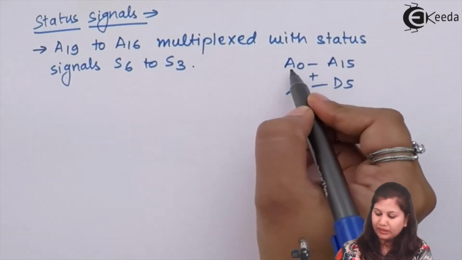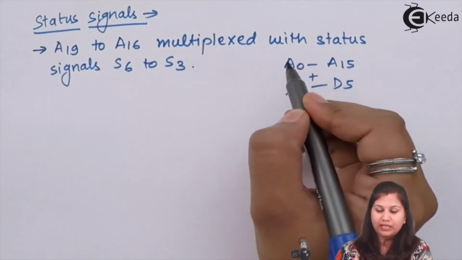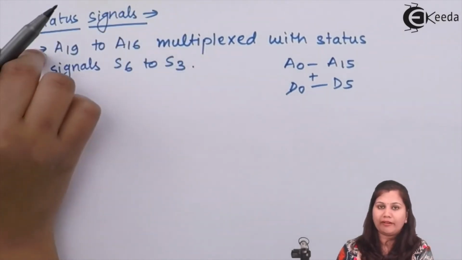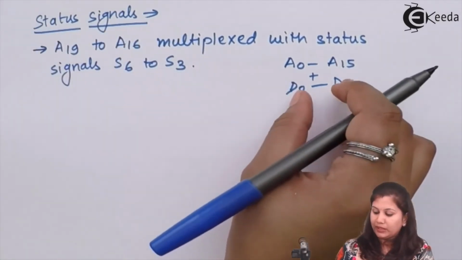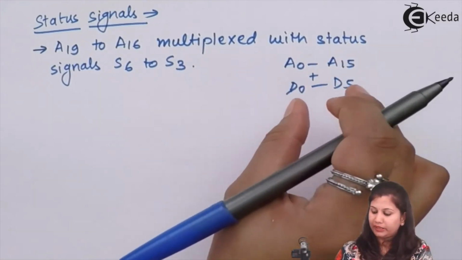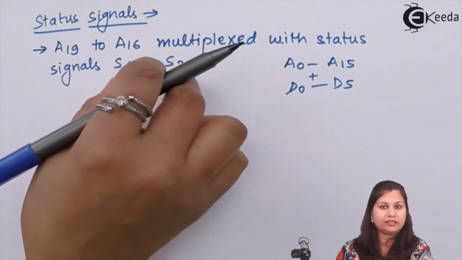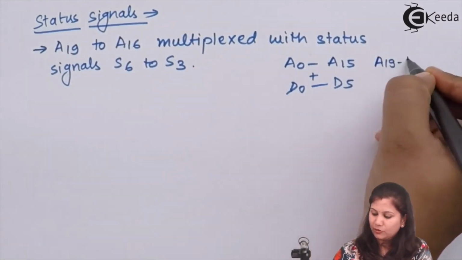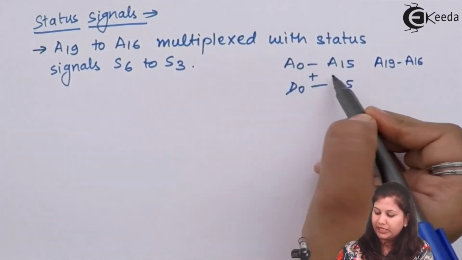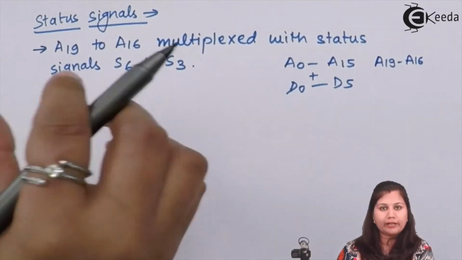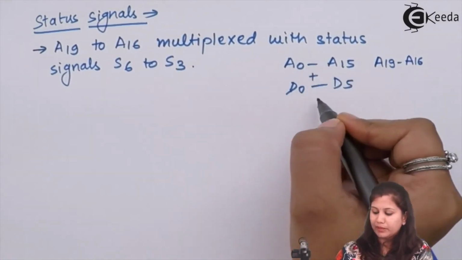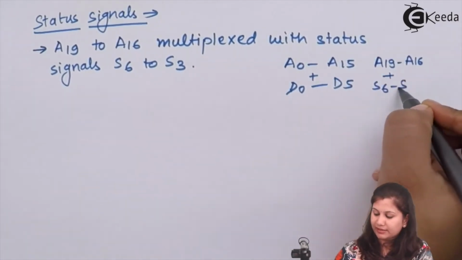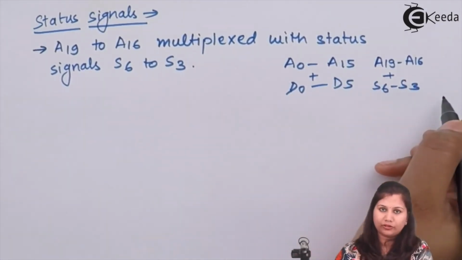At the time when the address is available on A0 to A15, A19 to A16 also has the address over it. When this bus has data over it, at that time the upper bus has the status signals over it. So the complete address will be available on the address buses, and when this bus is acting as a data bus, then the upper lines will have the status signals S6 to S3.